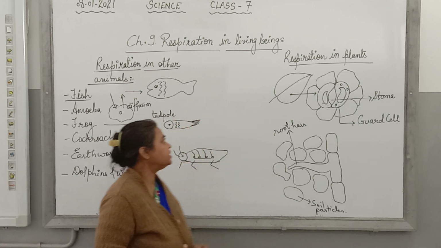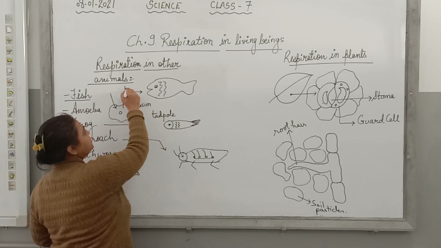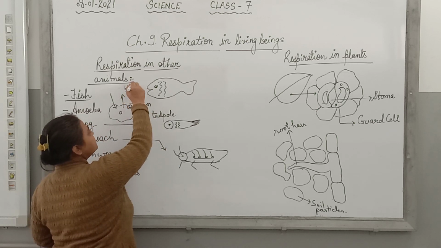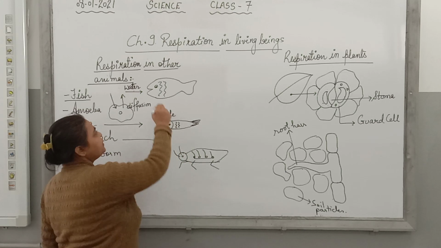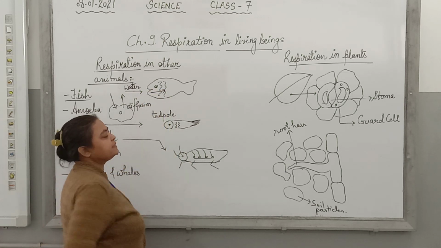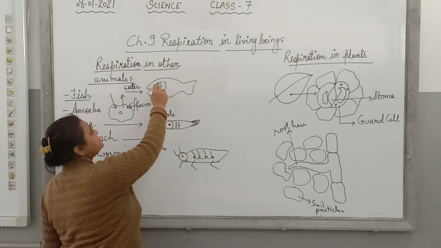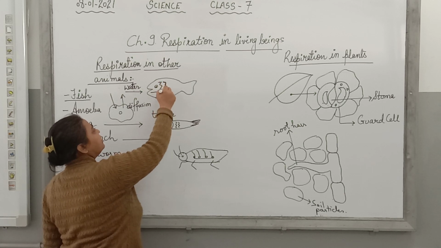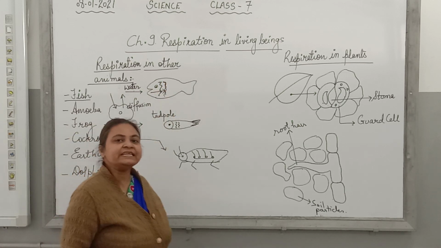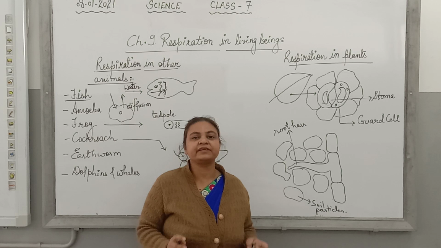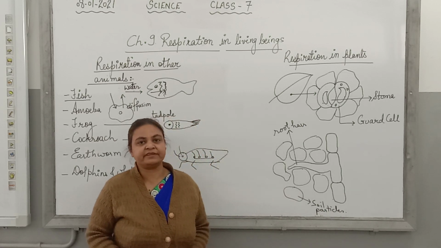So, the fish keep their mouth open, the water enters the mouth and passes over the gills. Gills are present just near the mouth and these are slit-like openings and they are supplied richly with blood capillaries.